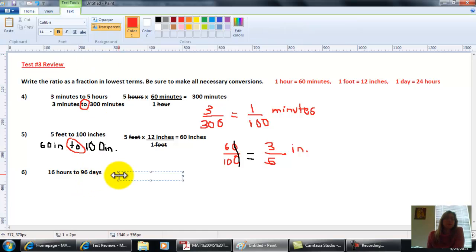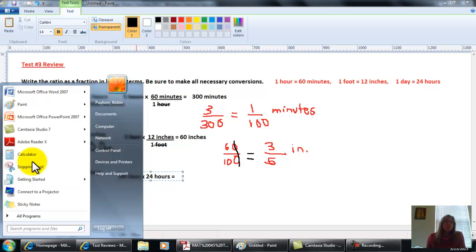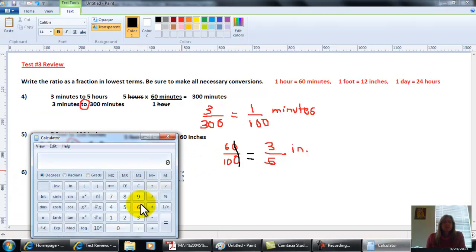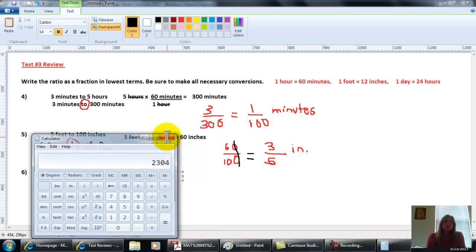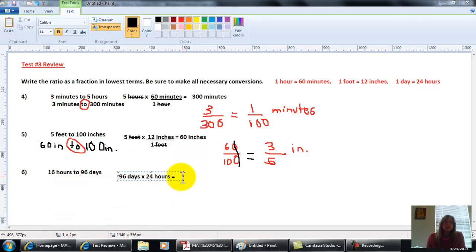And let's do the conversion. 96 times 24 is 2,304 hours, because we made the larger thing the smaller thing.